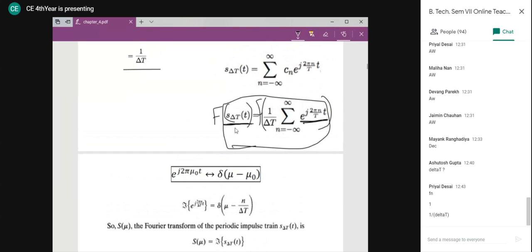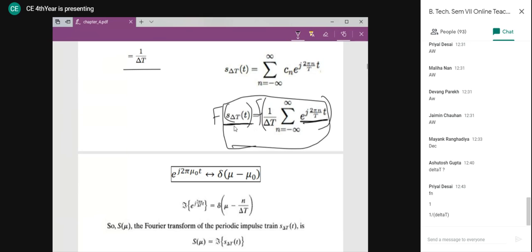Why we need the Fourier transform of this is the remaining question. We will see what is the use of it. But right now, if I want to find the Fourier transform of this, you should be comfortable with the method. The reason is a separate issue to discuss. You should not be confused about why we are doing so; you should be clear with what we are doing now.